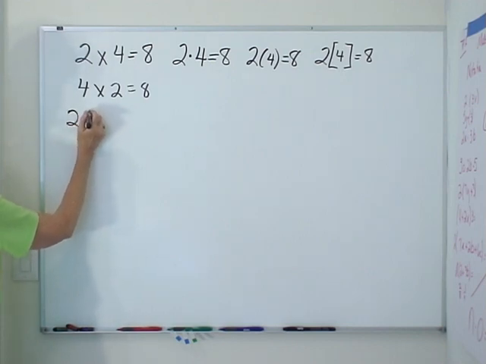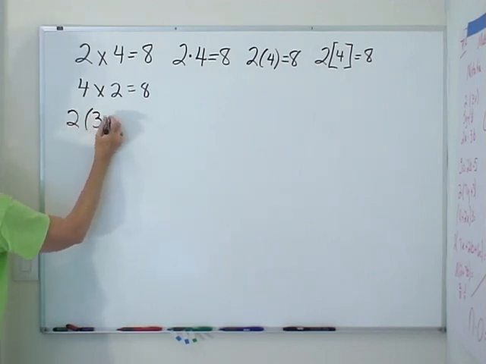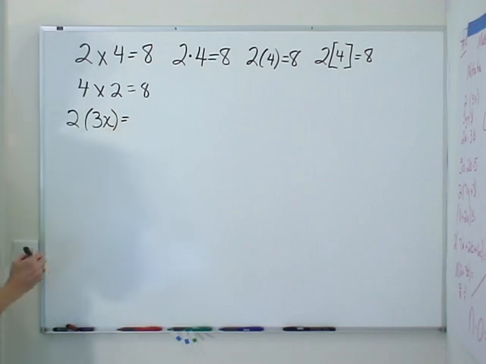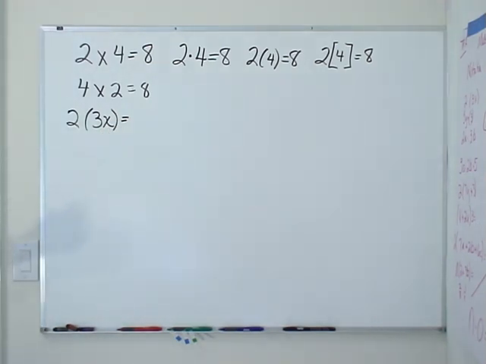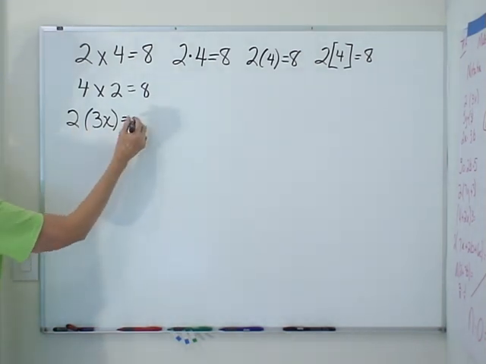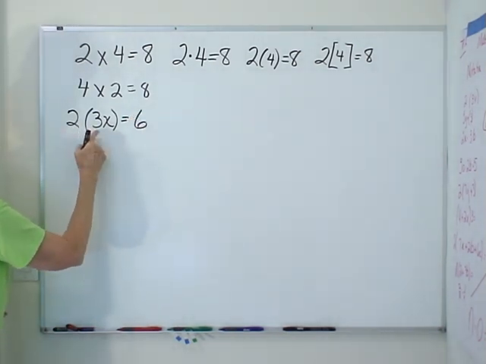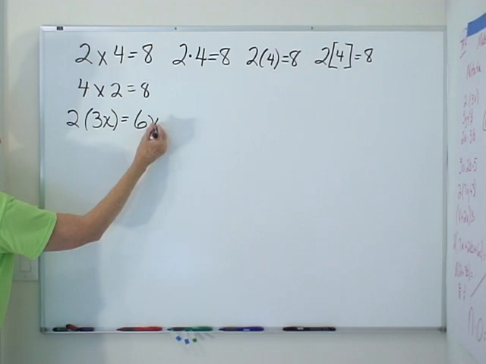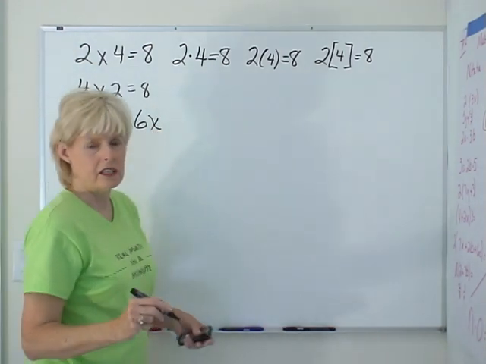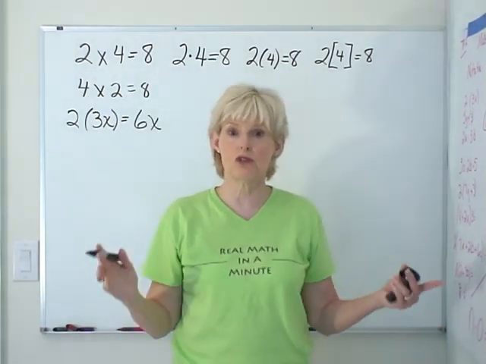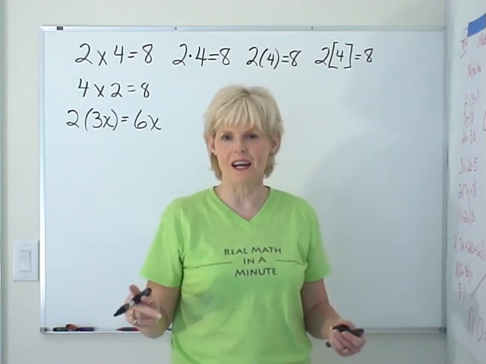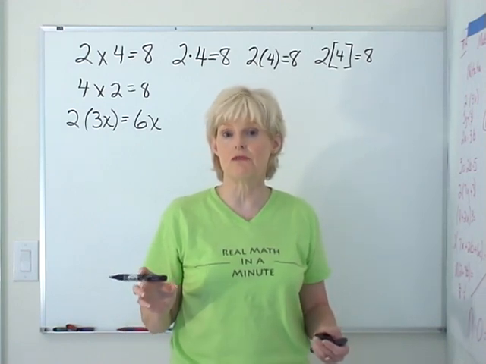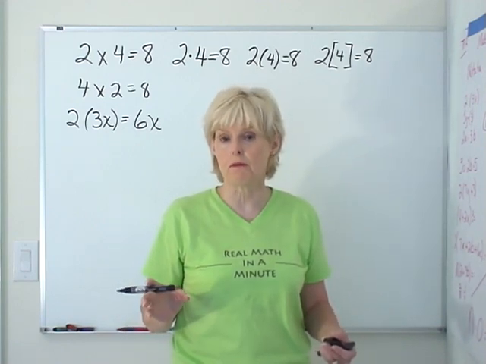If you wanted to multiply 2 by 3x, you might see it written like that. And you're like, well, how do you multiply that? Well, if you guessed, you would probably get it right. You just multiply 2 times 3, and you get 6, the number in front, and then you have an x. In addition and subtraction, it was just a huge deal that you could only add and subtract terms if they were alike, remember?